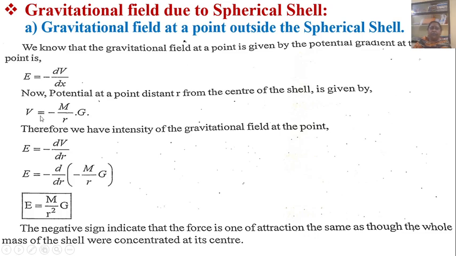Now we know that V equal to minus M upon r into G. So putting this value in the equation E equal to minus dV upon dr, we get E equal to minus d by dr of minus M upon r into G. Now after taking the derivative, E equal to M upon r square into G. The negative sign indicates that the force is one of attraction, the same as though the whole mass of the shell were concentrated at its center.